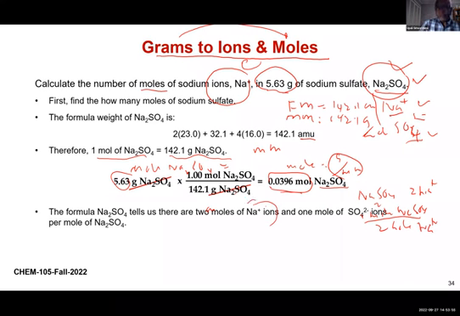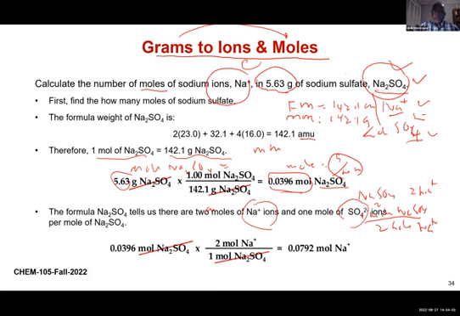There are 2 sodium ions for each sodium sulfate formula unit. Therefore, since the question asks for sodium ions, you use this factor: 2 moles of sodium ion is in 1 mole of sodium sulfate.